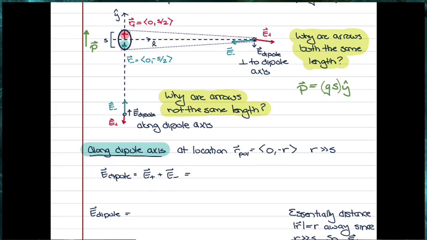So the farther away these two charges are, even though they are not at the same location, it seems like when you look off on the horizon, the two charges are pretty close to one another, as if they're almost on top of one another. So you might expect that their electric fields are essentially going to cancel each other out.